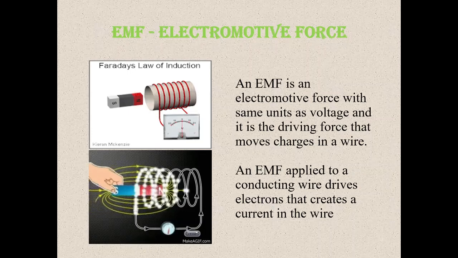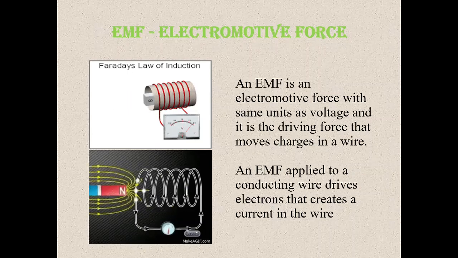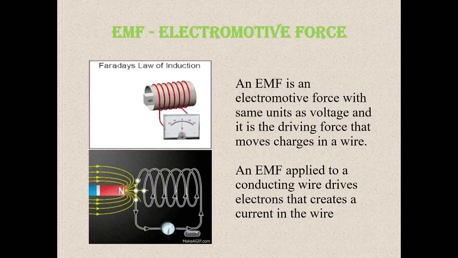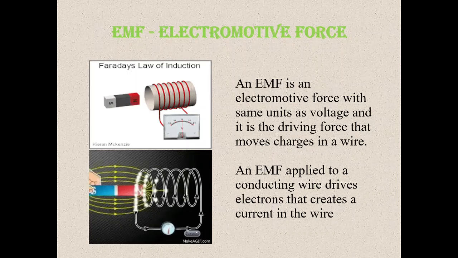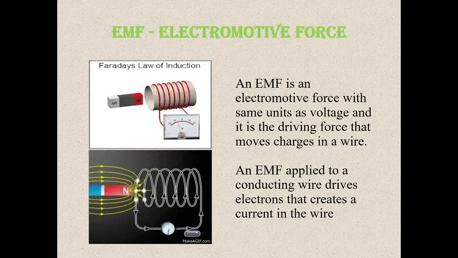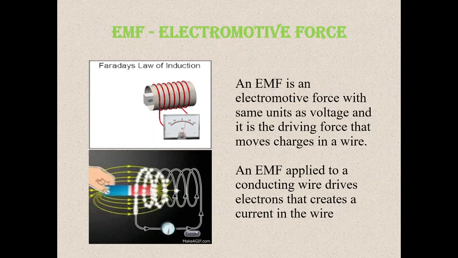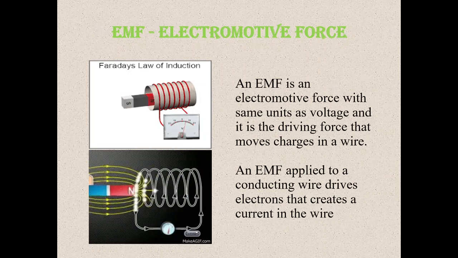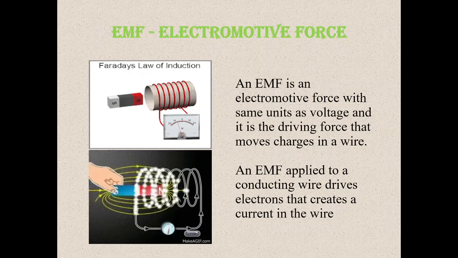We'll go for electromotive force, which is called EMF. An EMF is an electromotive force with the same unit as voltage, and it is the driving force that moves charges in a wire. You can observe an image over here.